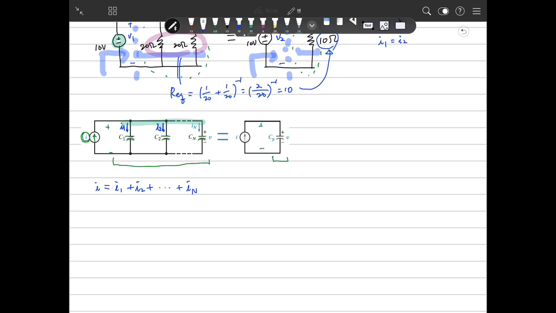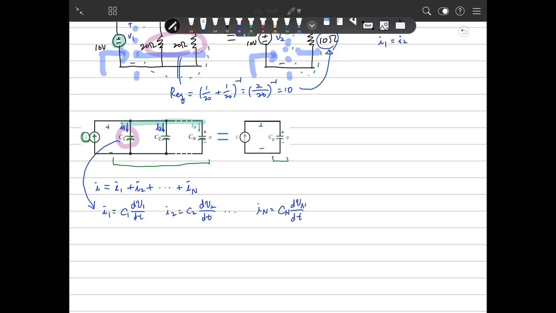And from the viewpoint of one capacitor, because of the capacitor equation, I1 is C1 dV1/dt, and I2 in the same way, C2 dV2/dt. The same way, IN will be Cn dVn/dt.